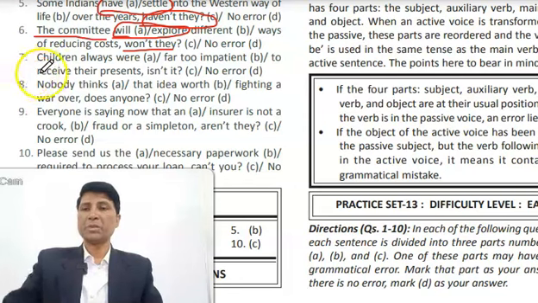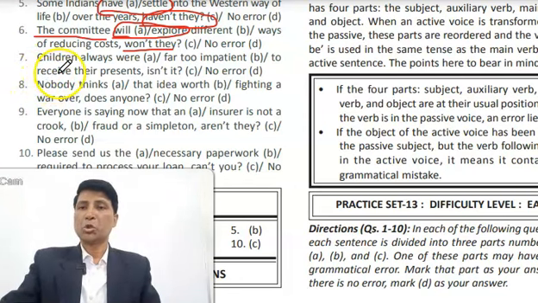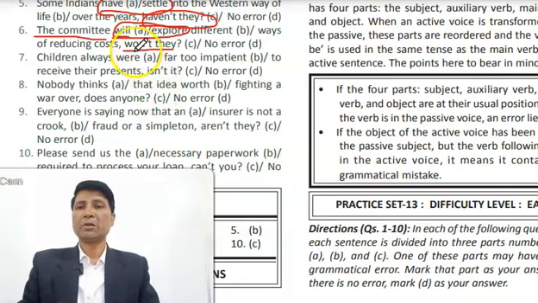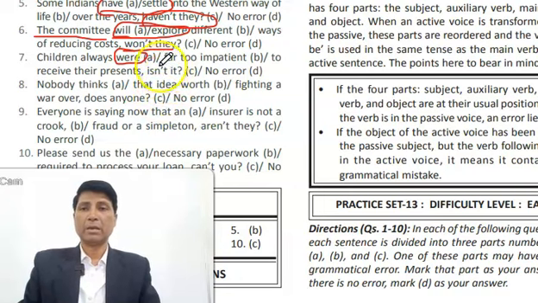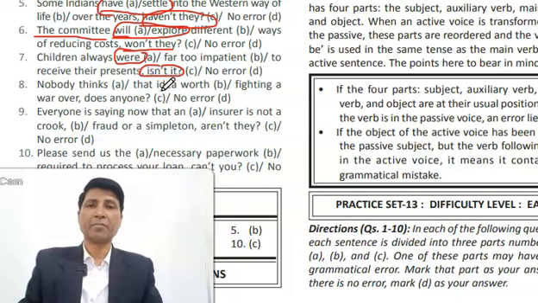Now look at question number 7. Children always were far too impatient to receive their presents, isn't it? Now let us apply our step. So the given verb were is in the simple past tense, and here the tag has been formed by using the verb of the simple present.